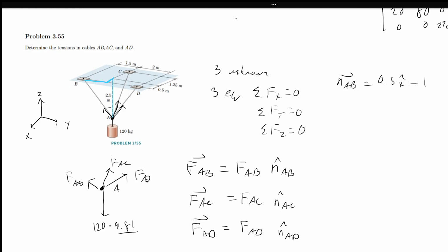Minus 1.5. Yeah, oh, yes, they're definitely equal. Okay. All right. So these all have dimensions in meters, because this is just the vector from A to B, so we need to divide it by the square root of 0.5 squared plus 1.5 squared plus 2.5 squared.